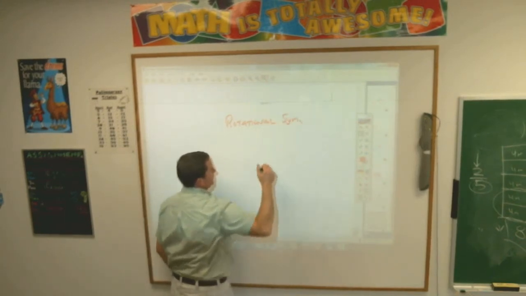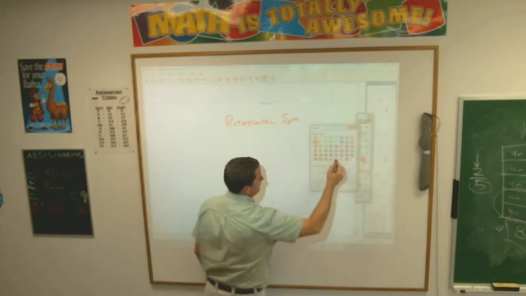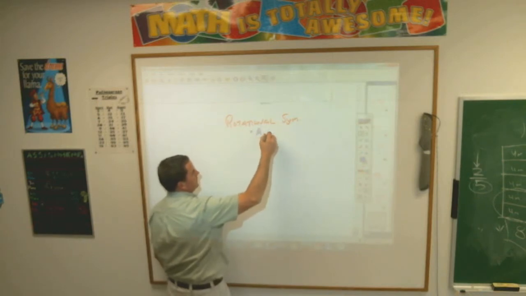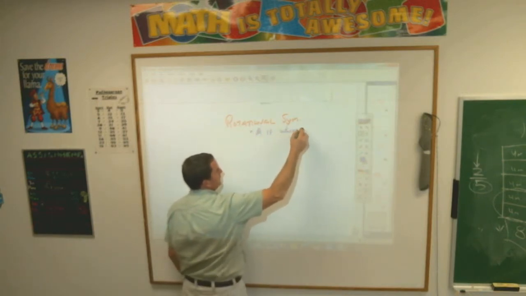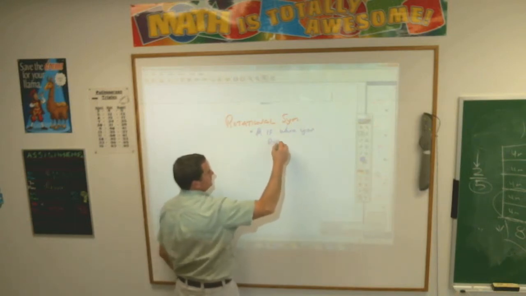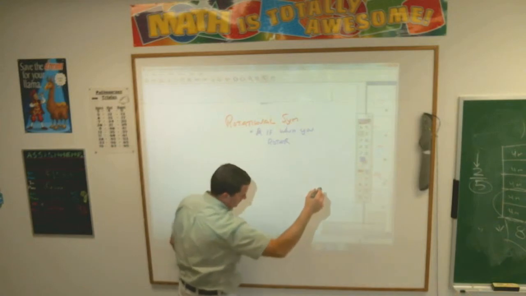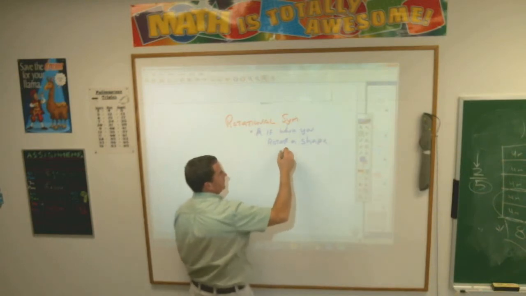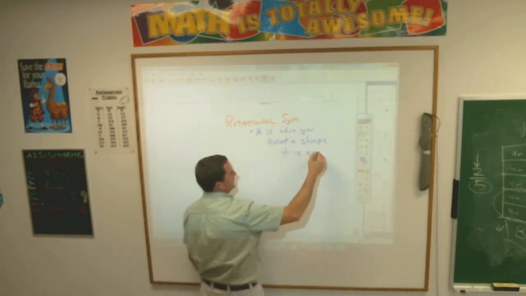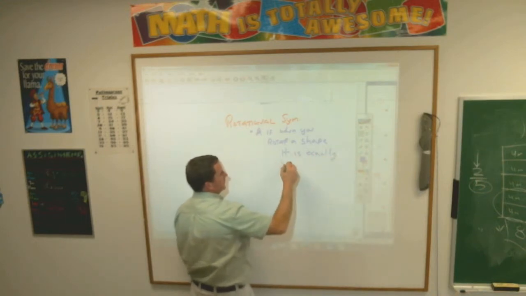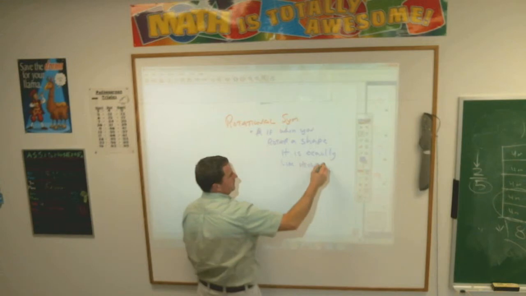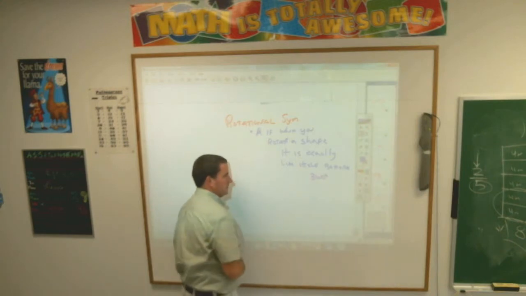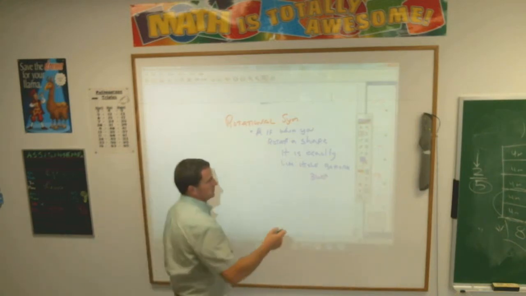If you come across rotational symmetry, that means if when you rotate a shape, it is exactly like itself before you do a 360, before you spin it 360 degrees. Because anytime you spin something 360 degrees, it is going to be the same.